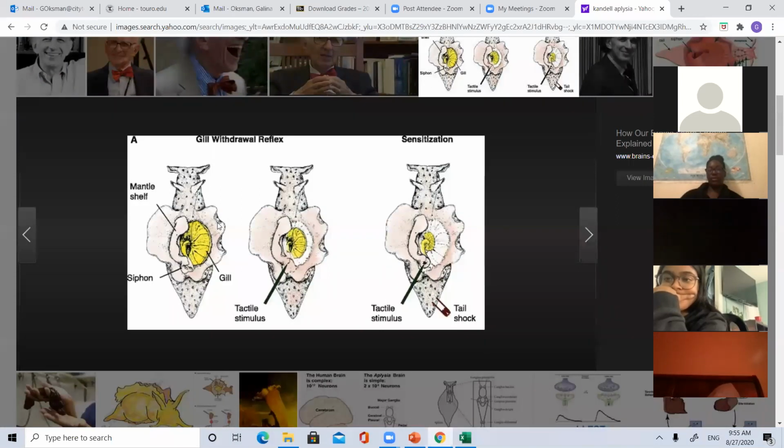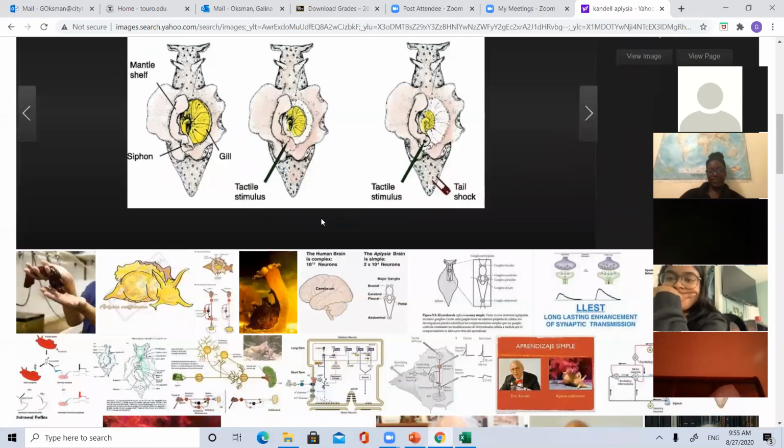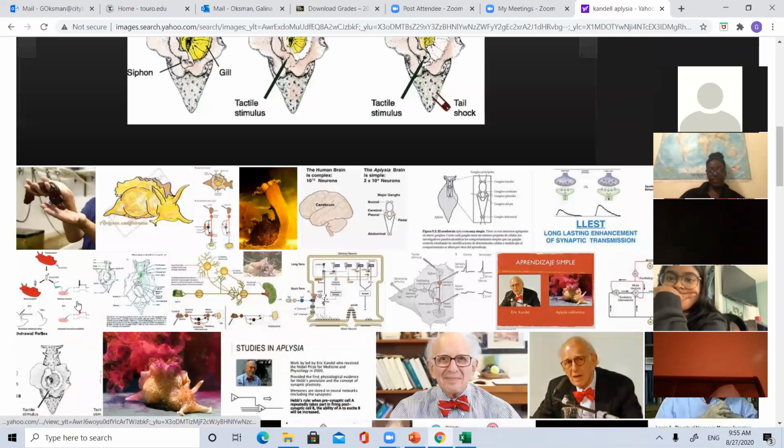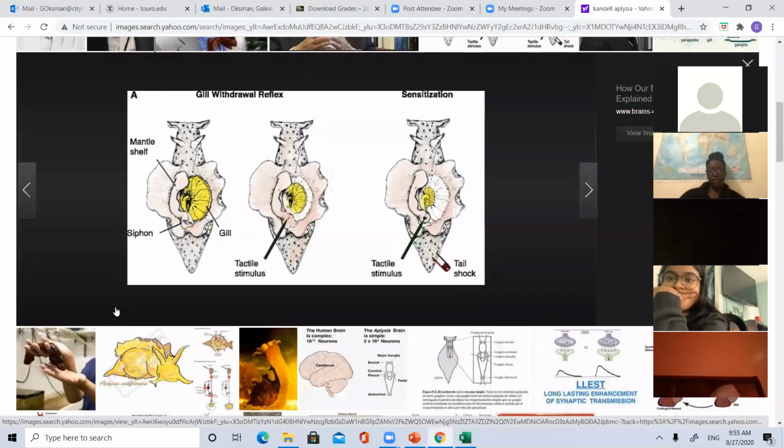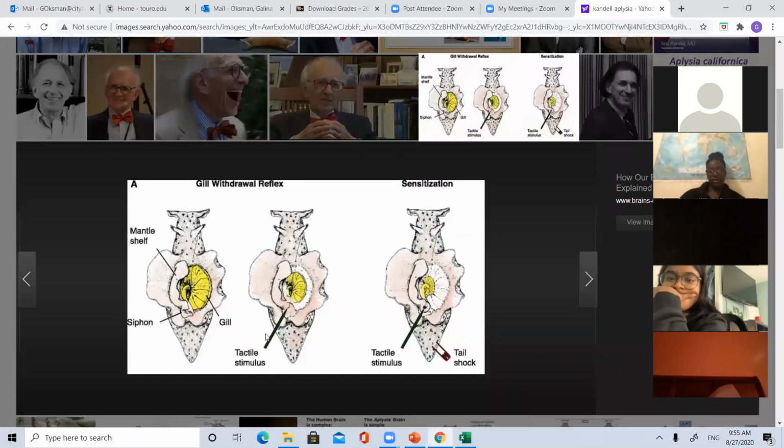This is Aplysia, and he actually taught Aplysia this so-called withdrawal reflex. We also have a withdrawal reflex, which is actually to remove some part of the body. But anyway, he stressed this poor Aplysia to the point that I think she developed a reflex to associate touch with the shock, right?